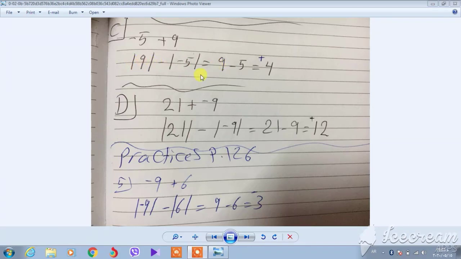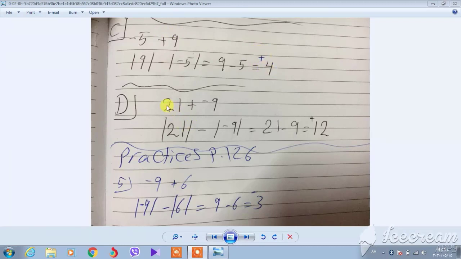The absolute value of 9 equals 9. The absolute value of -5 equals 5. 9 minus 5 equals 4. And because the greatest number has a positive sign, in the answer we also write +4, student.